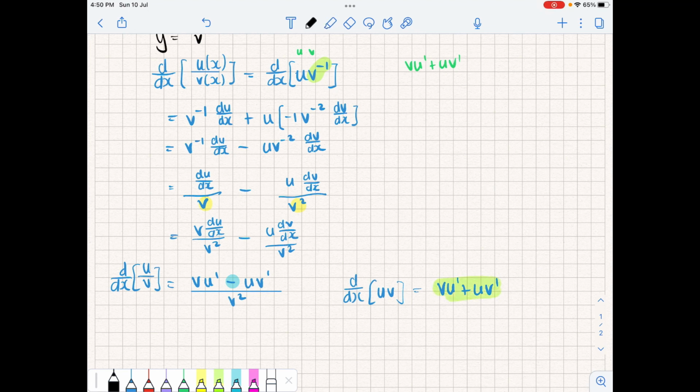However, here it would make a very big difference, the order that you differentiate the terms. And so if we learn to differentiate them in the correct order, bearing in mind the only difference is there is a minus sign here, and also we have v squared on the denominator, the order that we would differentiate at the top is the same. So we take the second function multiplied by the derivative of the first function, and then the first function multiplied by the derivative of the second function. So it keeps the order the same.